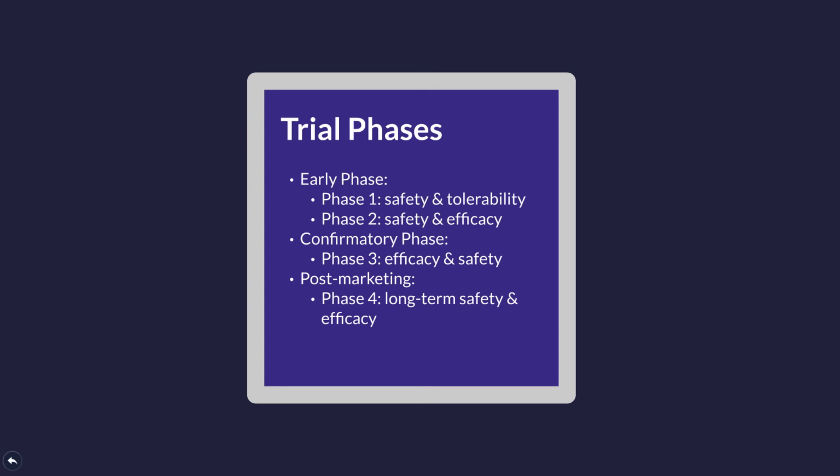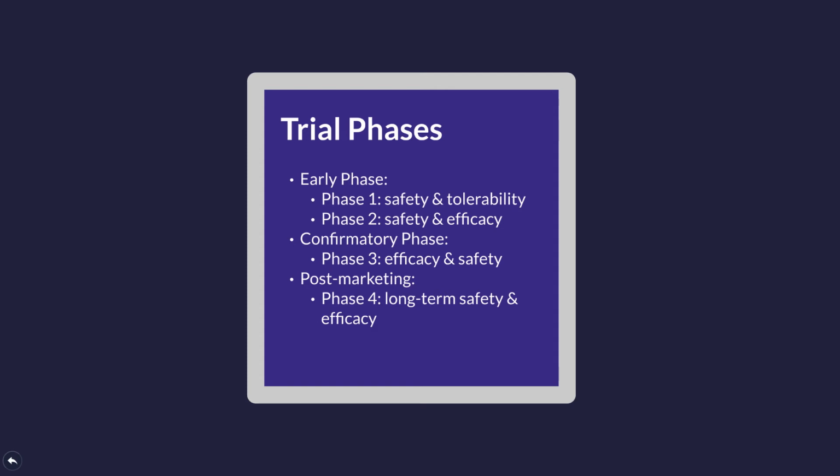So what phase of study should you undertake? These are very clearly defined in the literature, keeping in mind that early phase studies are phase 1 and phase 2. Phase 1 is for safety and tolerability. Is this intervention safe, and can people tolerate it?